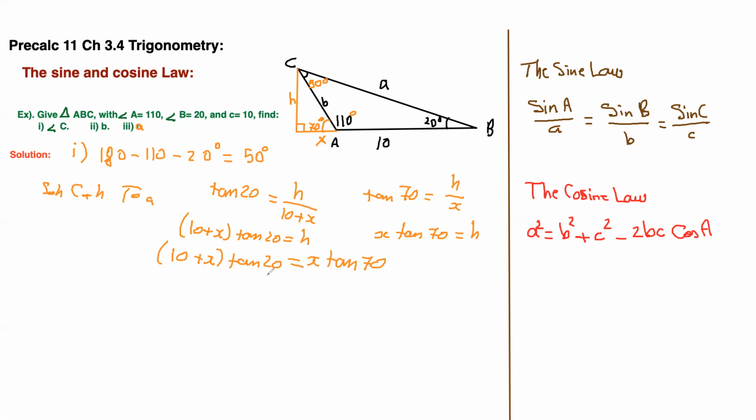What I'm going to do, I'm going to bring the X here and I bring the tan 20 there, so cross multiply. And if you cross multiply, 10 plus X over X equals tan 70 over tan 20. So what I did, I cross multiplied the tan 20, so since it's on the top, it goes to the bottom of tan 70.